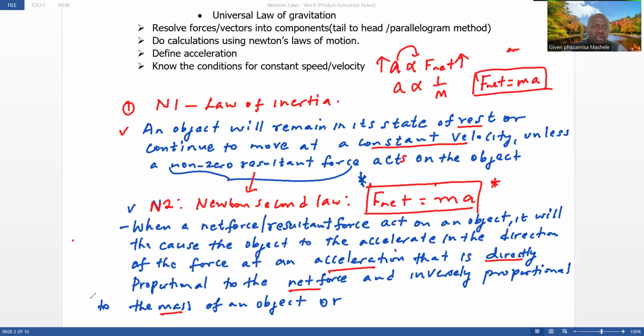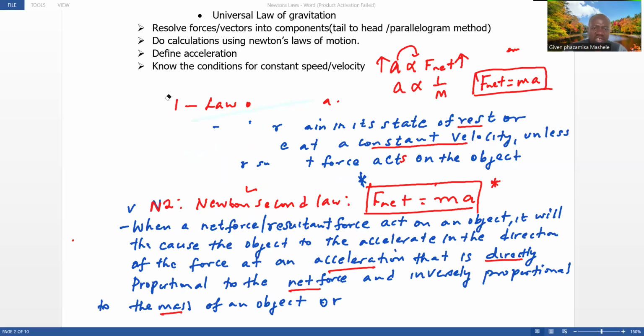Now, let's move on to Newton's third law of motion, the action-reaction forces, or action-reaction law.